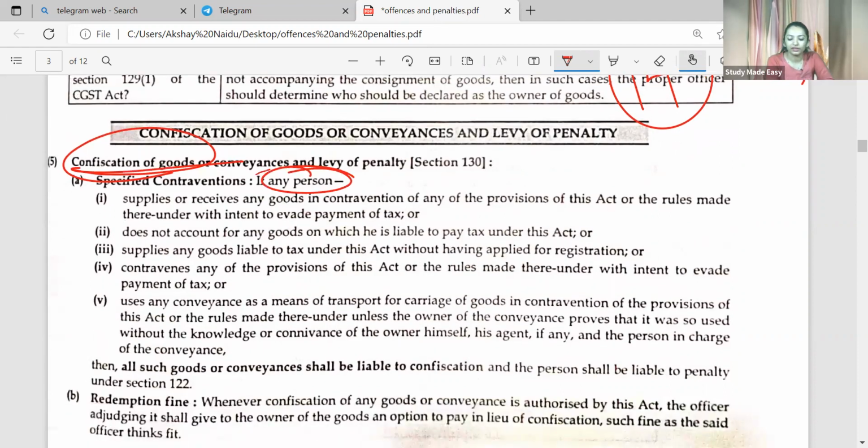If any person, देखो जहां whenever they have written any person, it is registered as well as unregistered person.